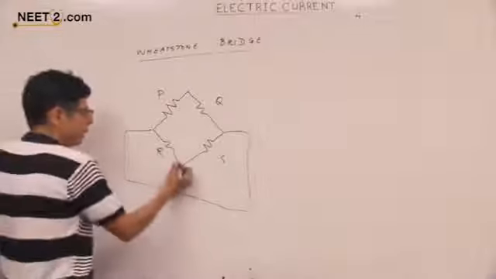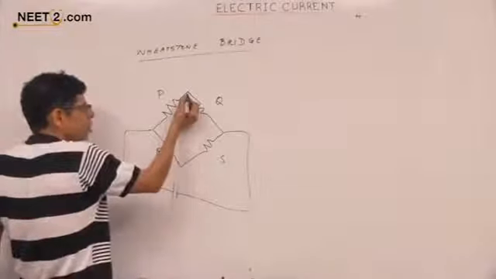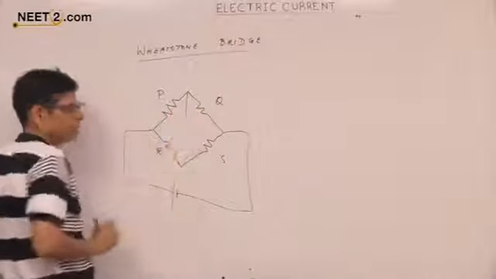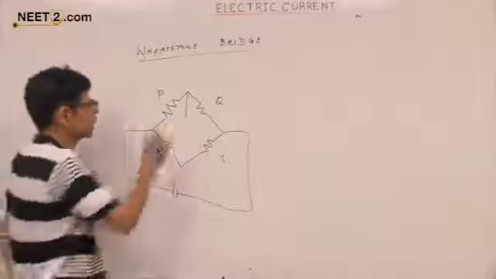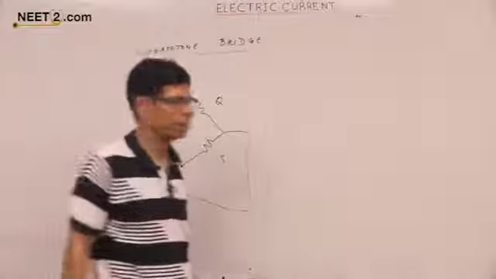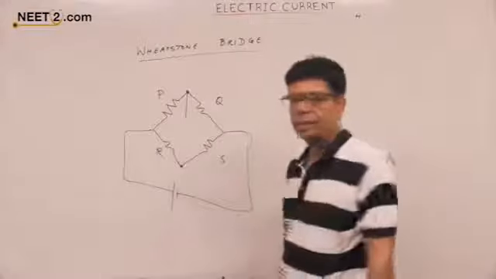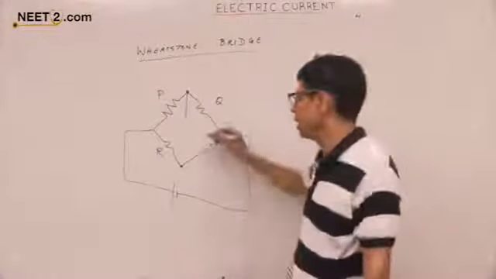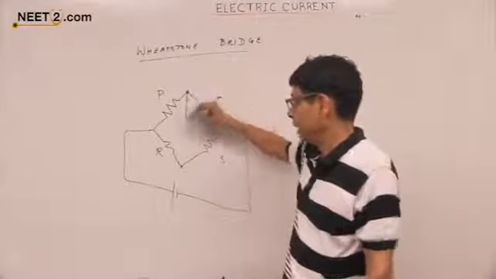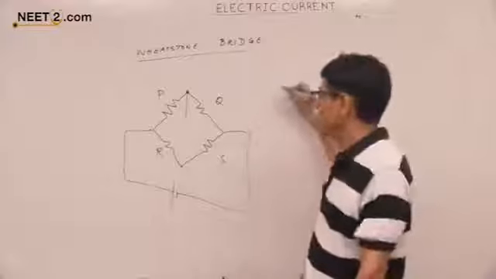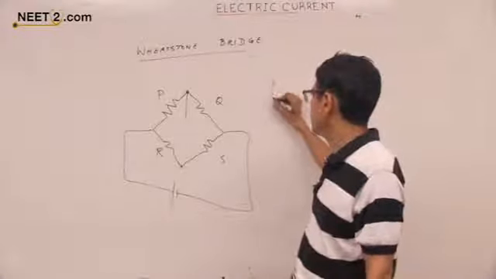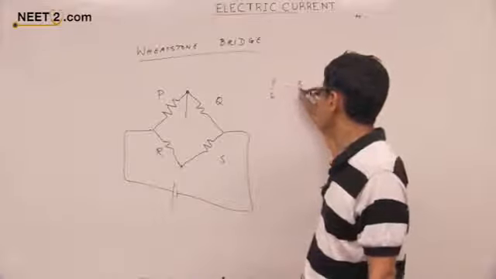Now suppose I connect. Under what condition will the potential here be equal to the potential here? Now that is very simple, but to save time, energy, effort, I'll just tell you that the potential here and here would be equal, provided the following is true. P by Q is equal to R by S.